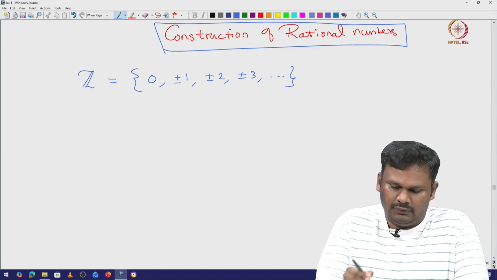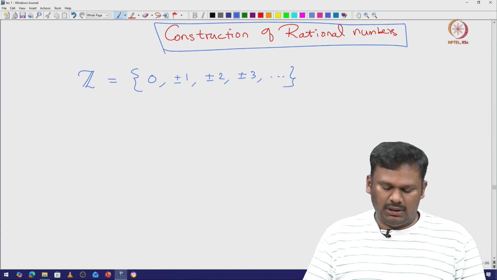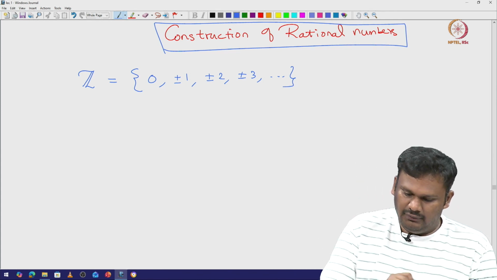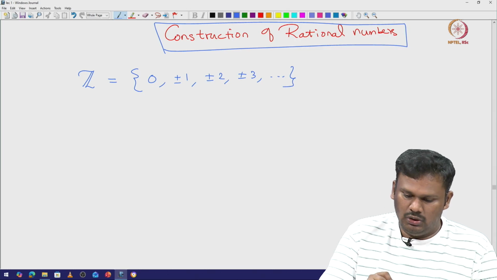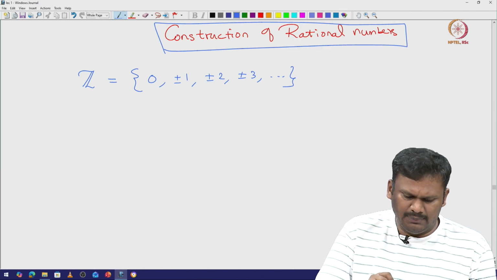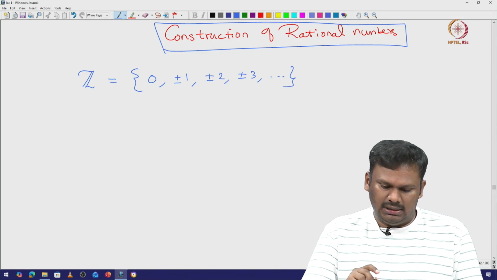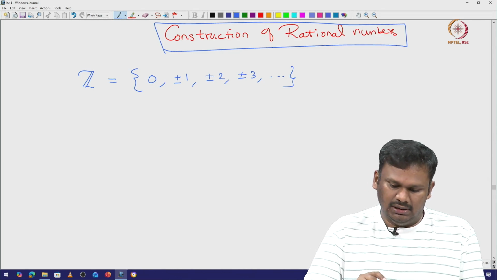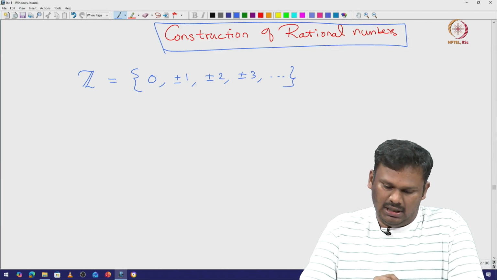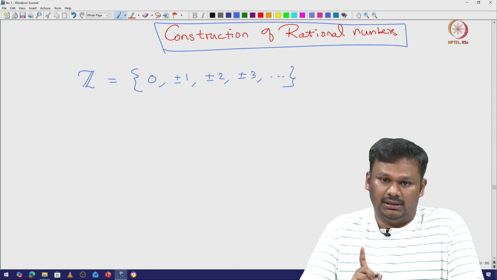Now, the most important thing is that we may be able to multiply two integers, but we may not be able to multiply two integers and get the number 1.